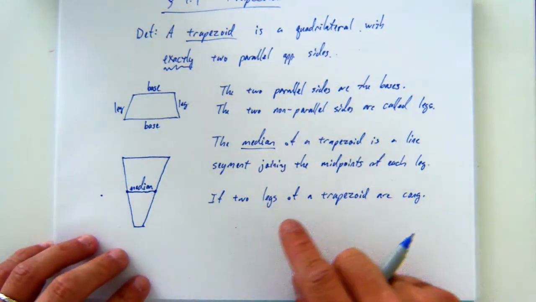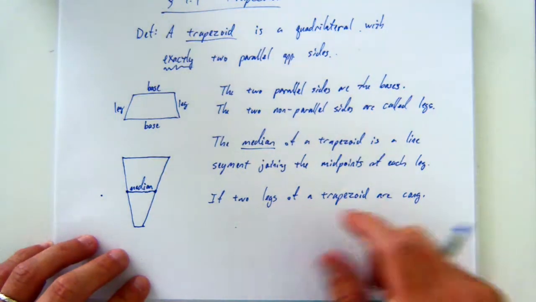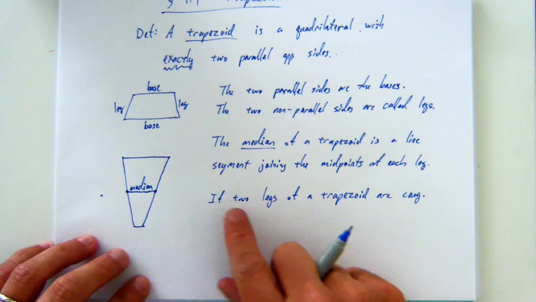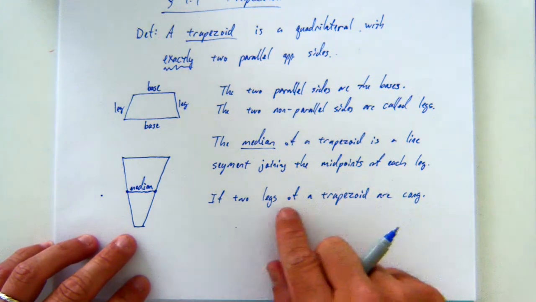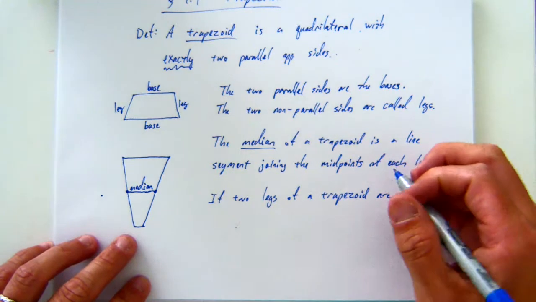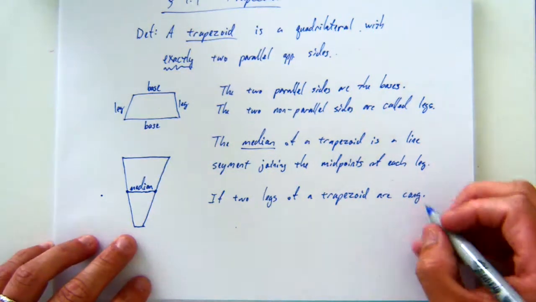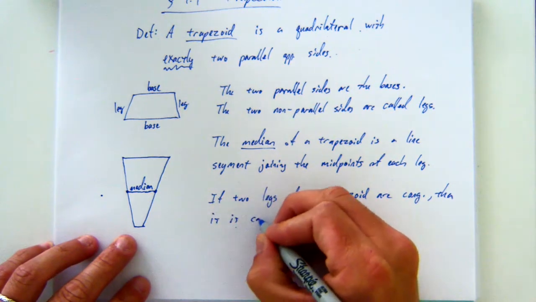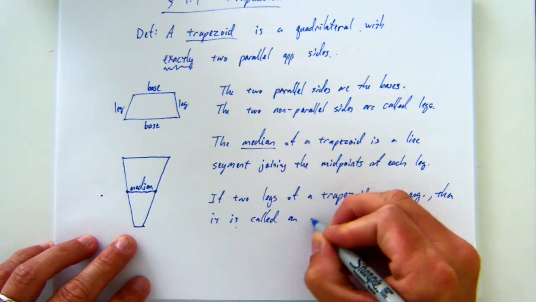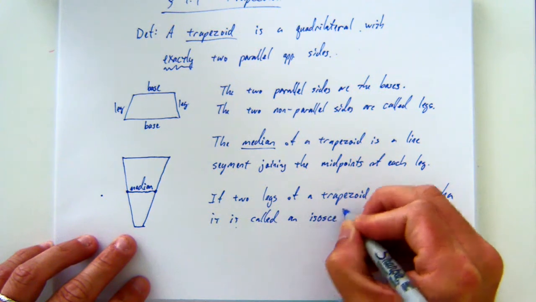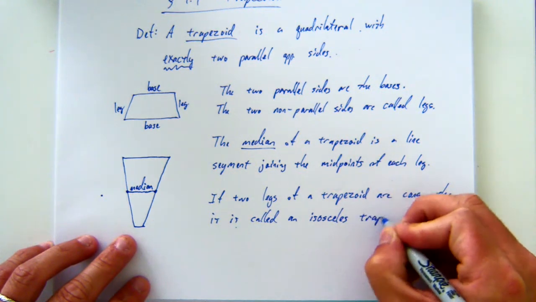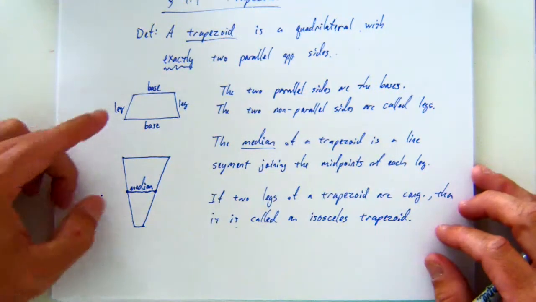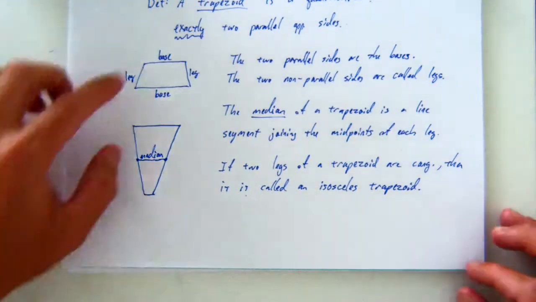What do we call a triangle if 2 sides of a triangle were congruent? We called it an isosceles triangle. Well, we call it the same thing. If 2 legs of a trapezoid are congruent, then it is called an isosceles trapezoid. Just by inspection, it looks like maybe both of these are isosceles trapezoids.